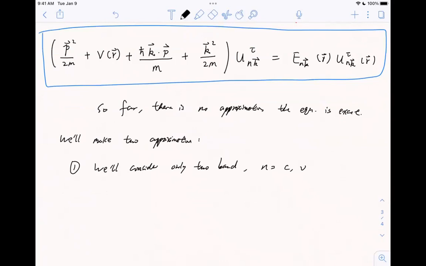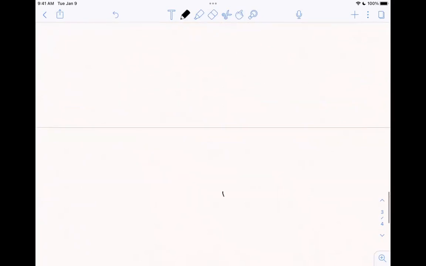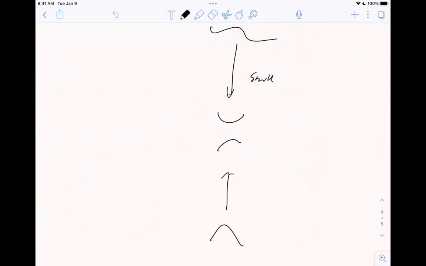And this approximation is only good when the other bands are far away. Like you have 2 bands here, and then the other bands are here, they're far away. So the mixing effect will be small. So these 2 bands will mix the most.